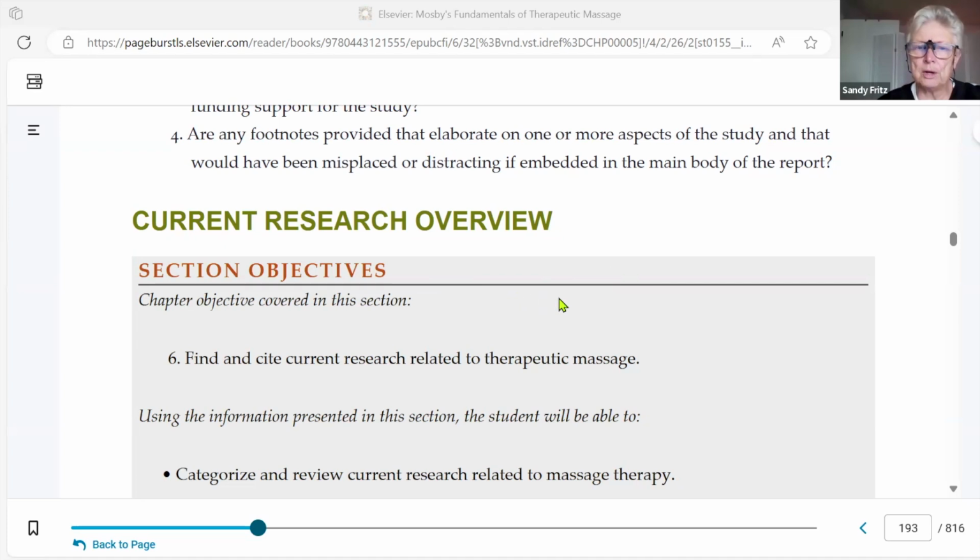But even more important is how you're going to become your own best teacher by staying current with research and using critical thinking skills to guide your interaction and the decisions you make as a massage therapist and how you adapt and apply massage.